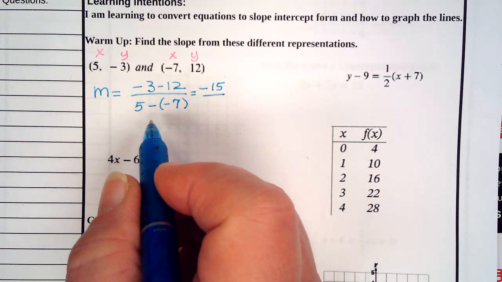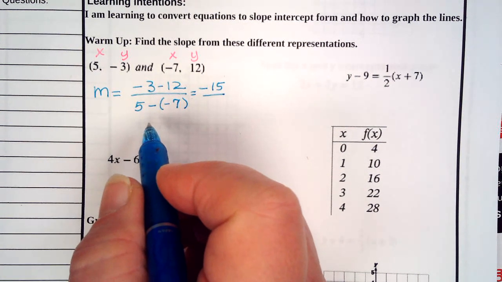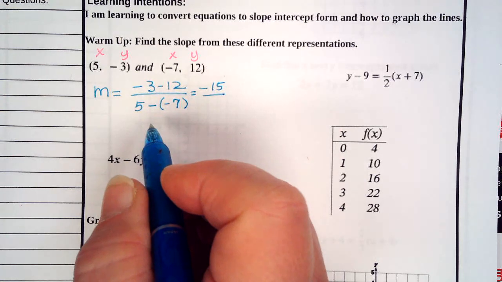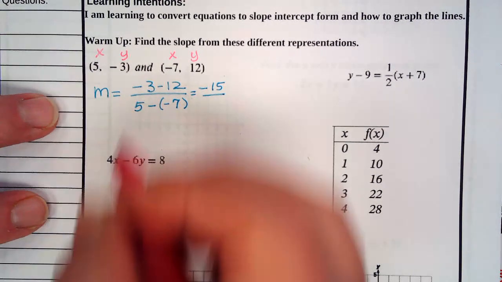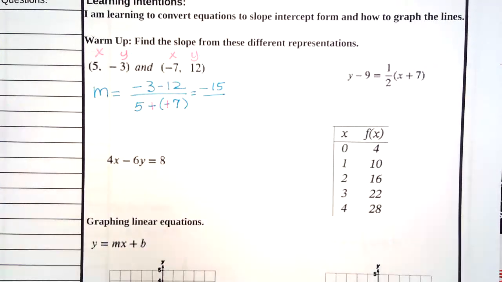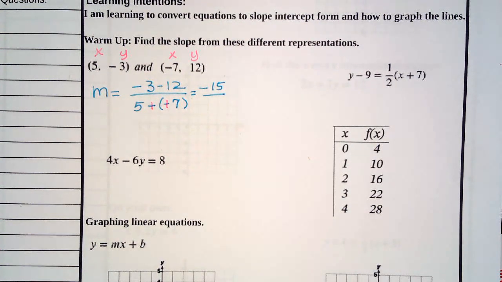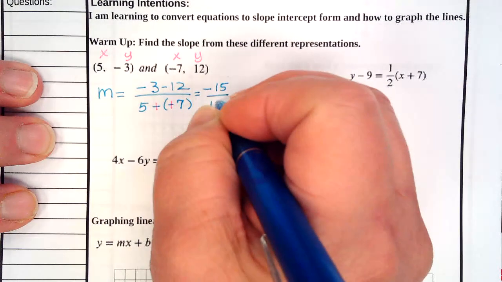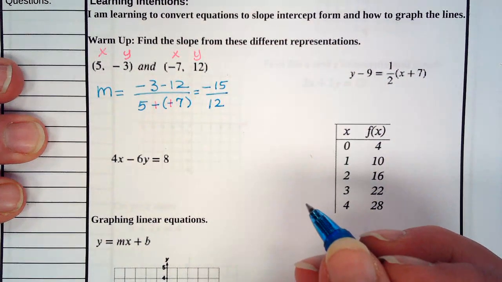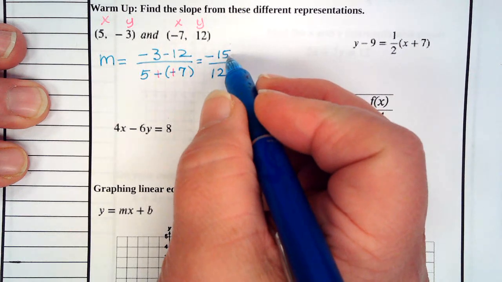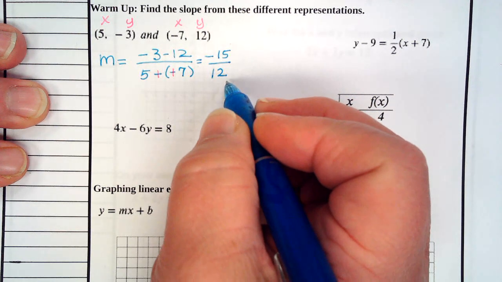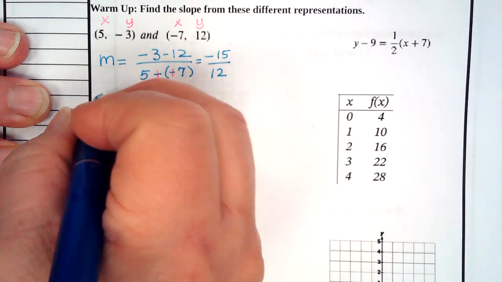But on this one we have to remember, you never ever minus a negative, you plus a positive. Five plus 7 is 12. Okay, we have an improper fraction. Can it be simplified? 15 has a factor of 3. 12 has a factor of 3.